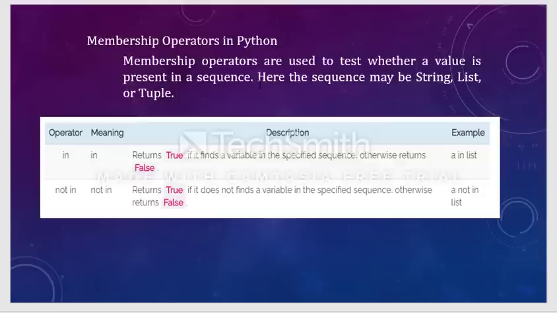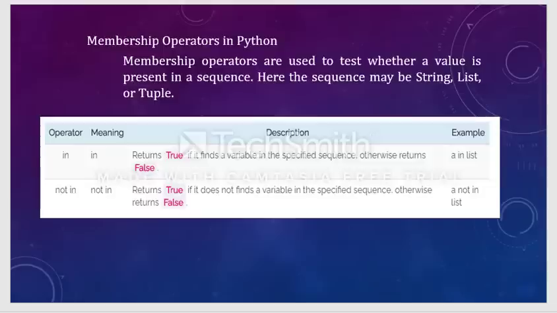To check whether a value exists in a particular list of values, we use the in and not in operators.